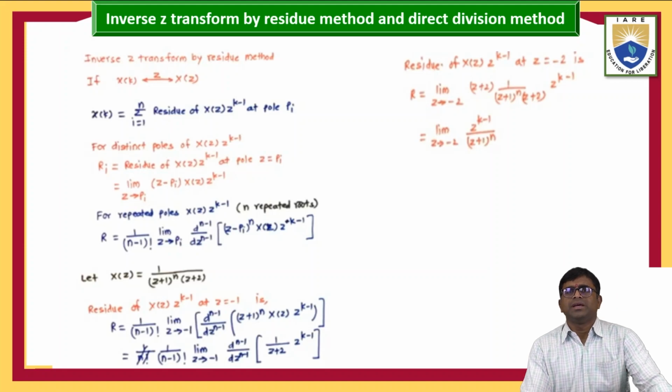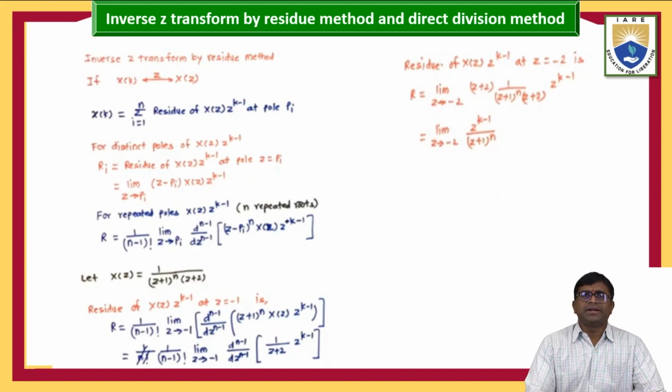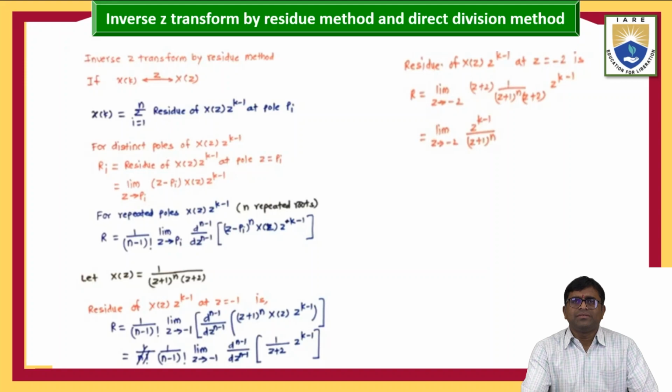In the residue method, we always analyze with the poles of the system. At each particular pole, we take the residues, and after that you find the inverse Z transform.